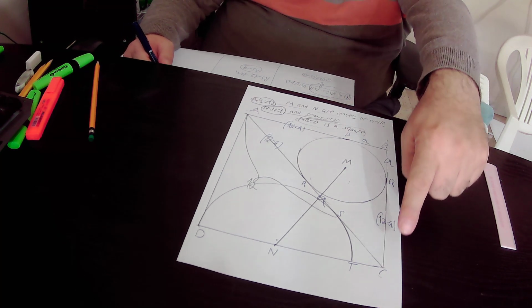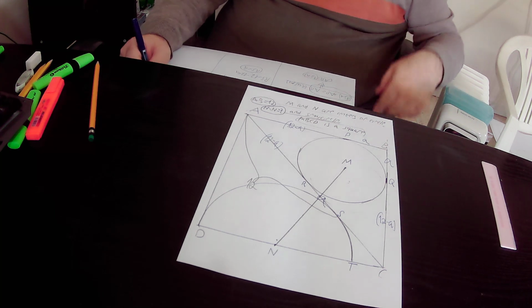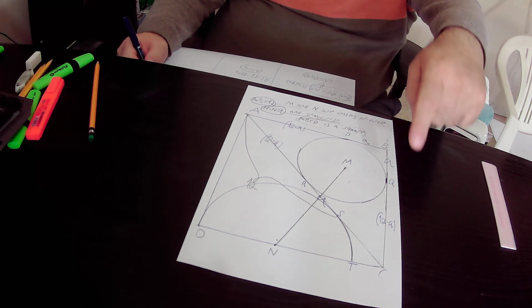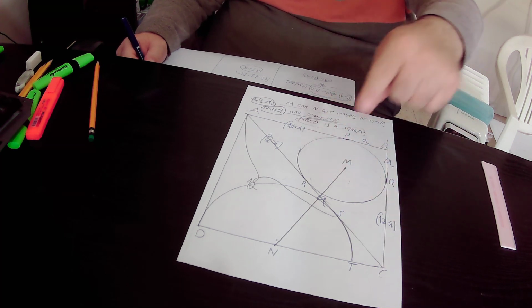The first tangent is tangent CQ, and the second tangent is tangent CR.